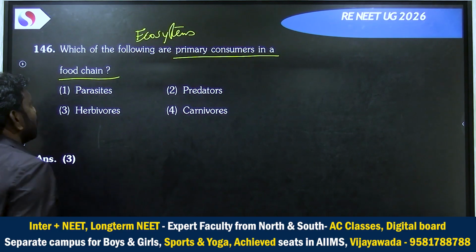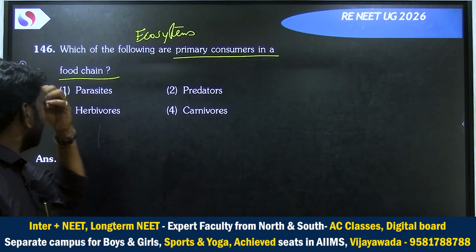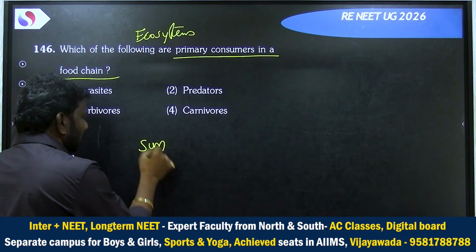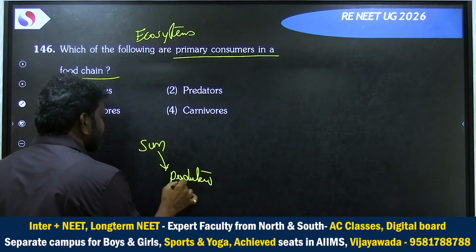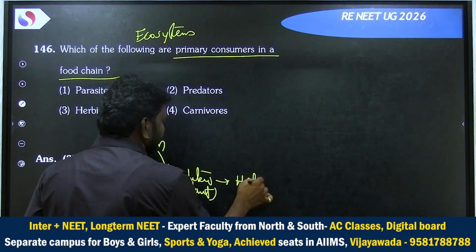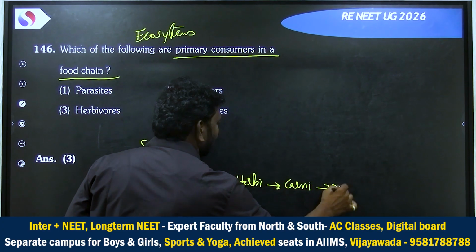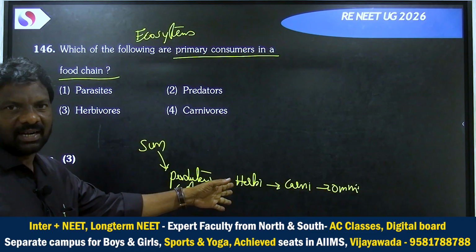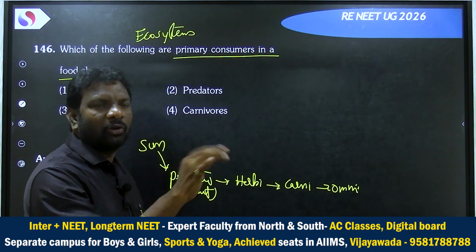Generally we know the food chain: from the sun to producers, producers are mostly plants, then herbivores, then carnivores, then omnivores. Producer is the first trophic level, herbivore is the second trophic level, carnivore is the third trophic level, and omnivore, the top carnivore, is the fourth trophic level.